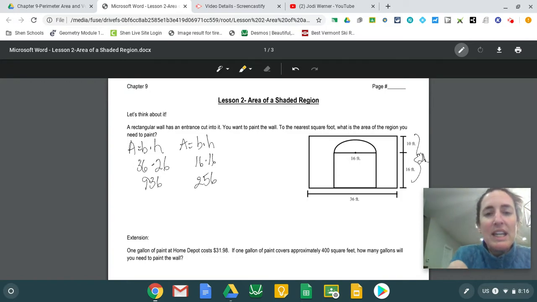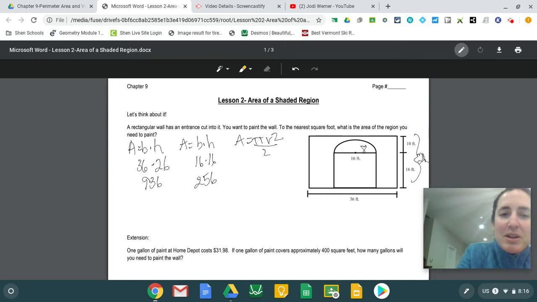Remember, area is pi r squared divided in half. I have a radius of 8 there because half of 16 is 8. So I'm going to do pi times 8 squared divided by 2, which is 64 pi divided by 2, which is really 32 pi.